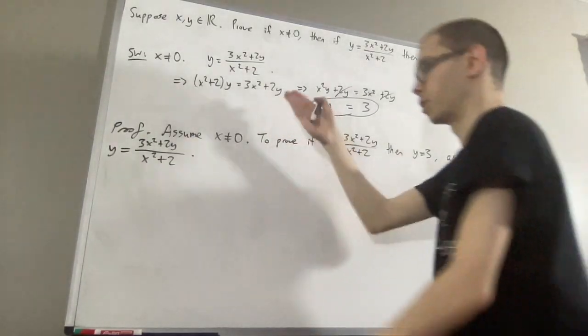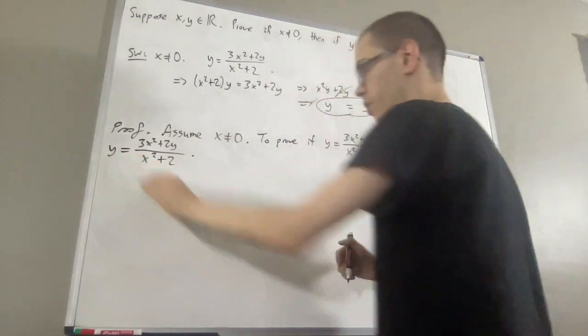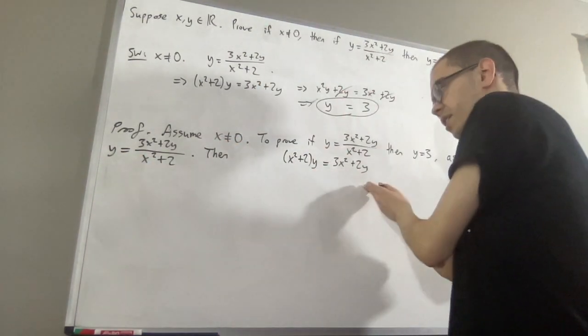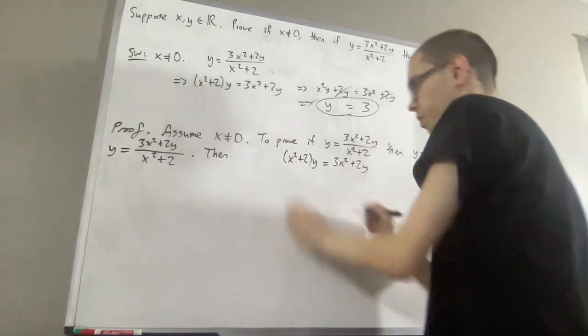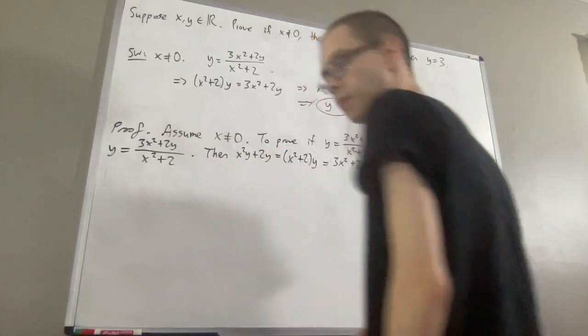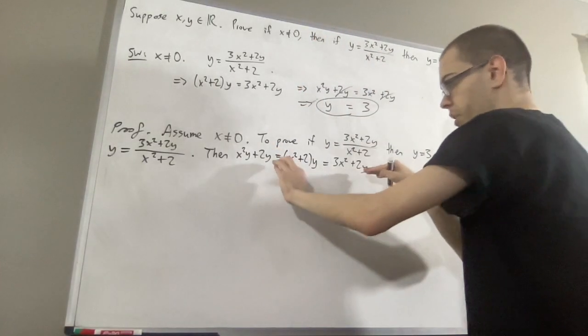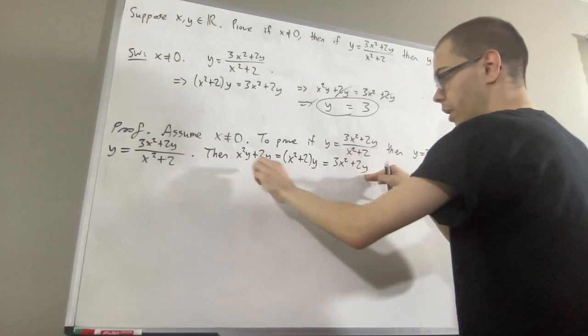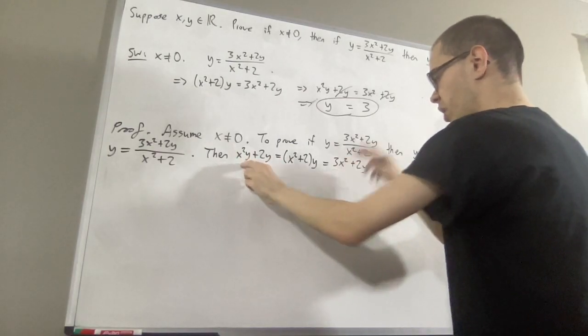The way we did that was we multiply x squared plus 2 to the other side. So we get this, but when we distribute the 2 across this parentheses, we get x squared y plus 2y. So we see that 2y appears on both sides of the equation, so we can cancel them out. We'll get x squared y equals 3x squared.